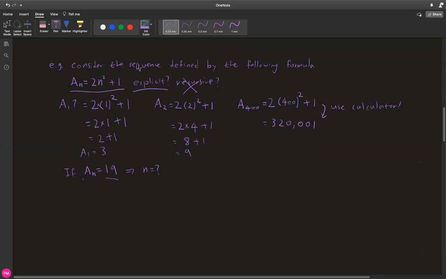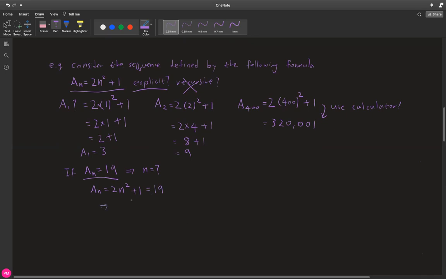You're already given that a sub n equals 19. So bring this formula down here. Given a sub n equals 2n to the power of 2 plus 1, we know that a sub n as a whole is given as 19. And now what?